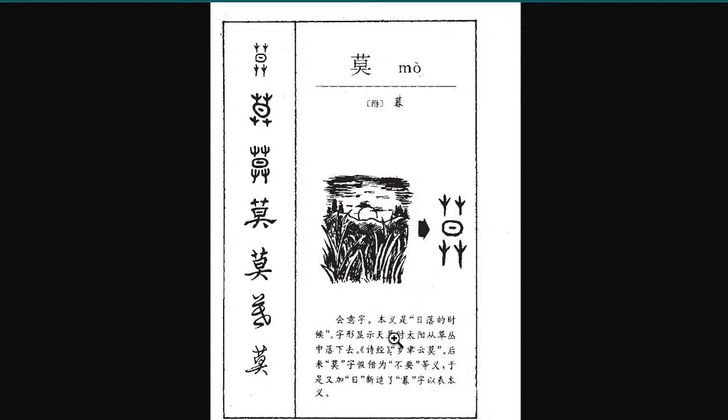Because in the character, you can see it pictures a grassland, and the sun is going down gradually, down and down, and eventually is lower than the grassland. So sun setting. That's the very original meaning.